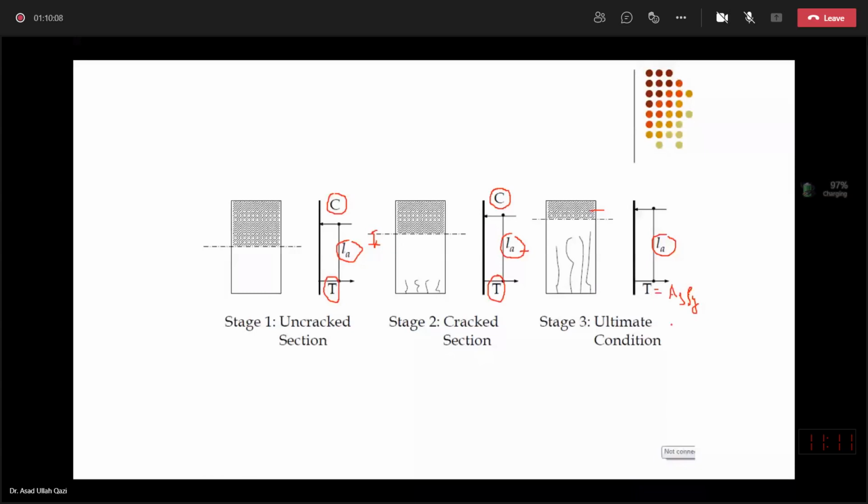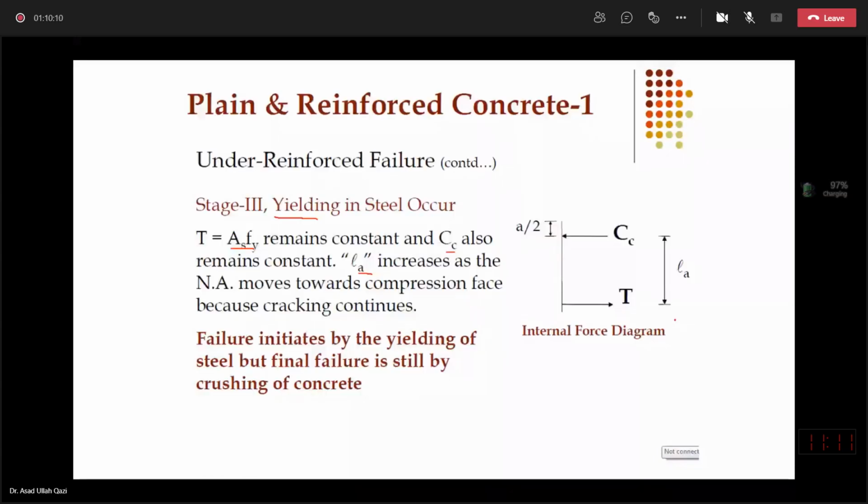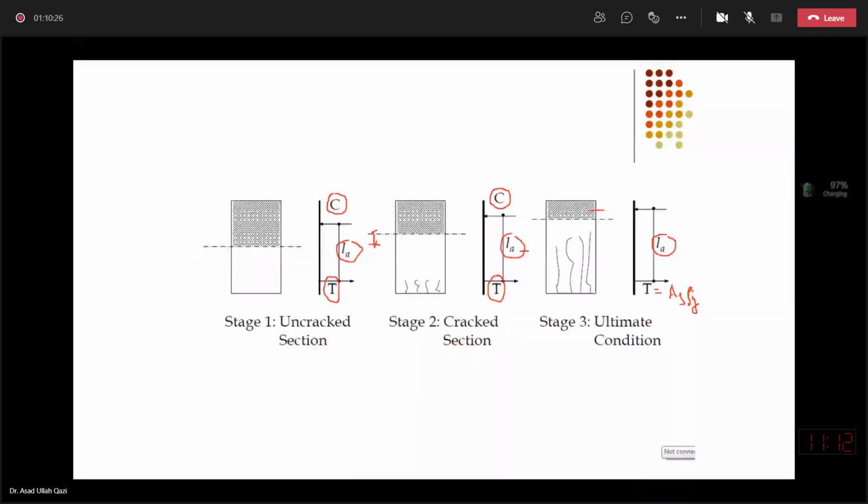So failure initiates by yielding of the steel, but final failure is still by the crushing of the concrete. This is an important point, that our steel will keep on yielding and then strain hardening, until final fracturing of the steel bar will take place.